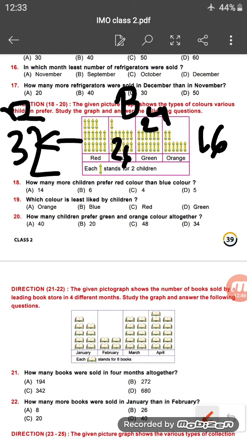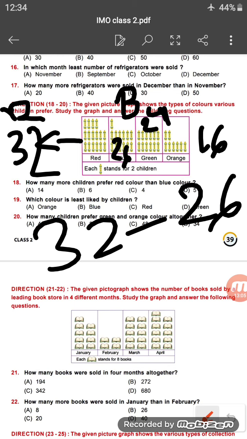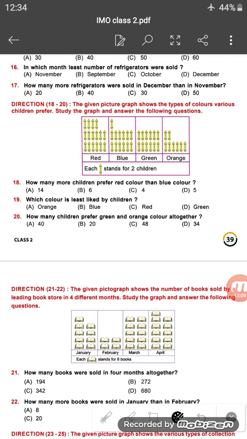Okay, question number 19A. The question is, how many more children prefer red color than blue color? So the number of children who prefer red color is 32 and the number of children who like blue color is 26. So 32 minus 26, easily understandable, it is 6. So answer will be 6.